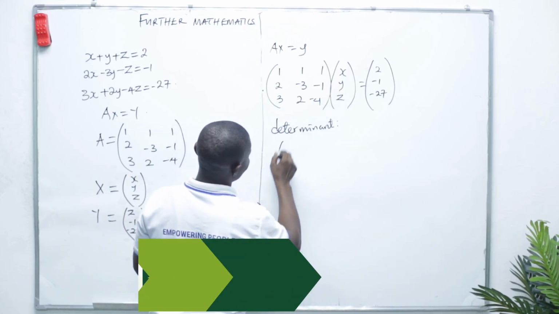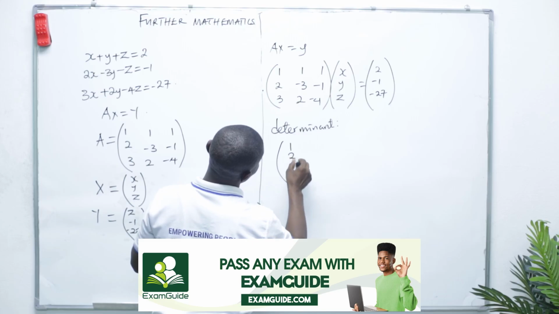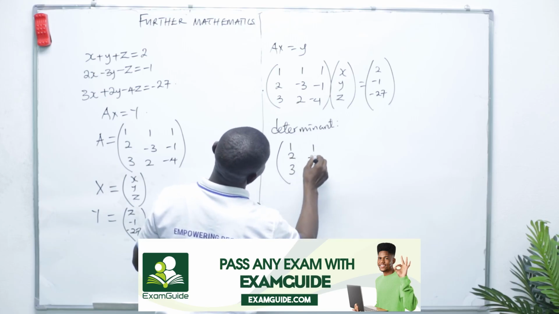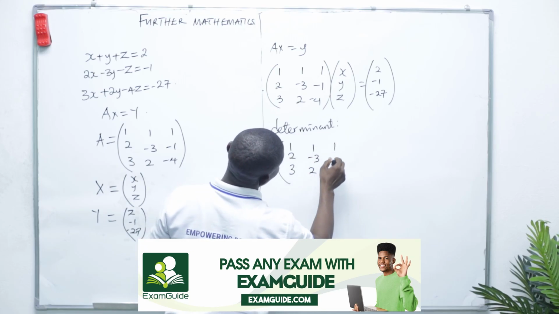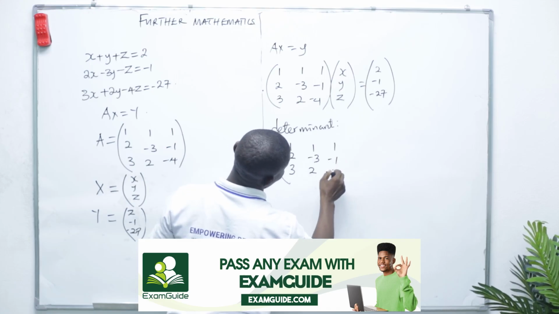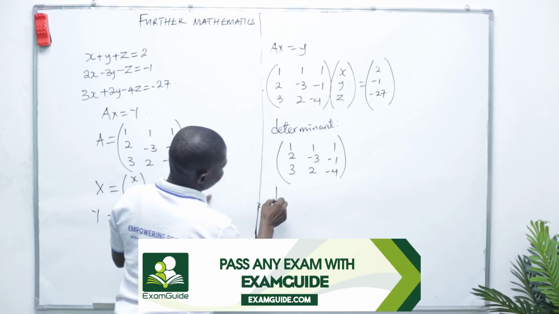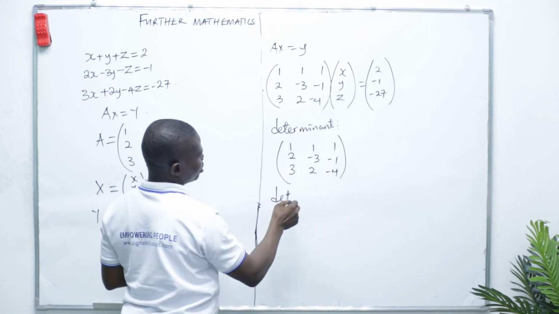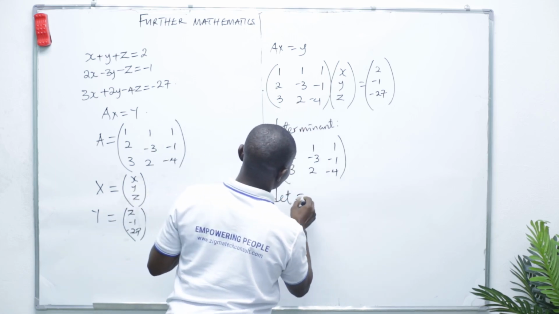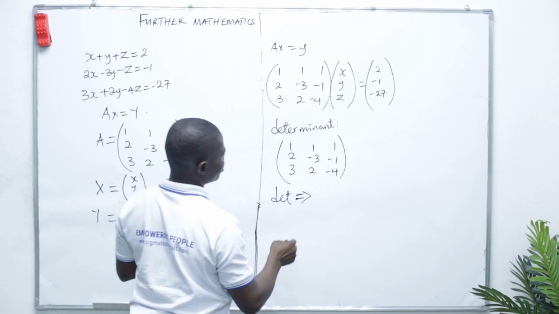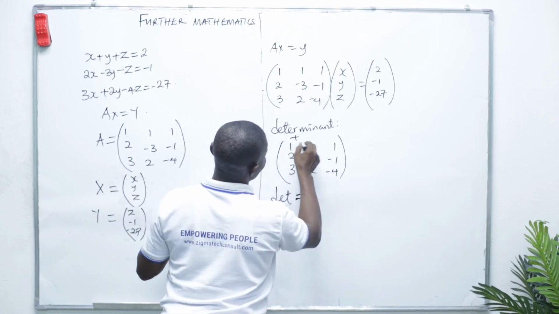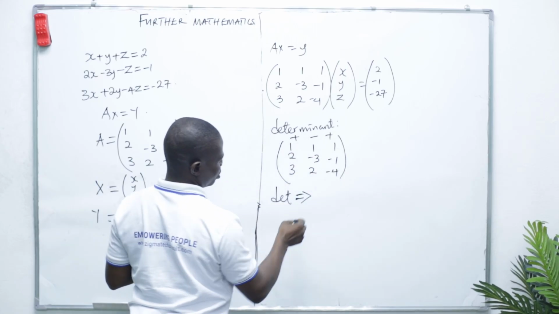Determinant of this matrix: 1, 1, 1; 2, minus 3, minus 1; 3, 2, minus 4. Determinant of the matrix implies plus minus plus.